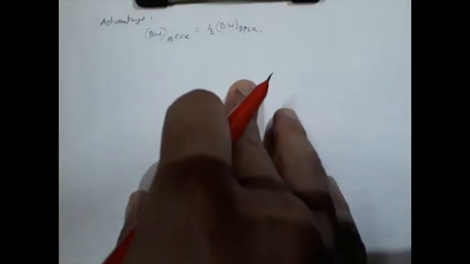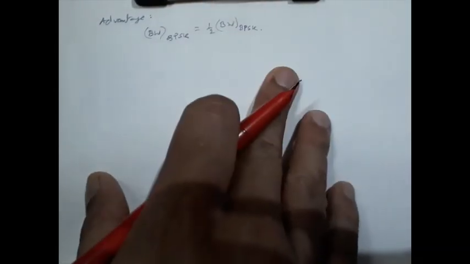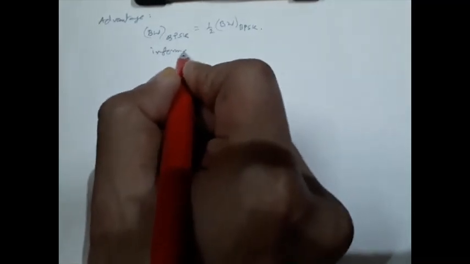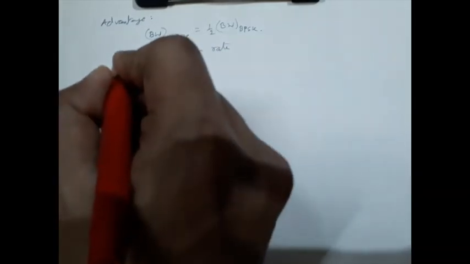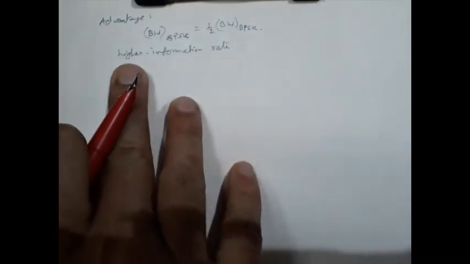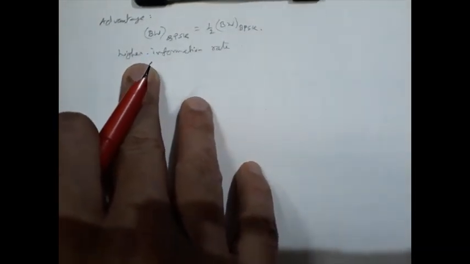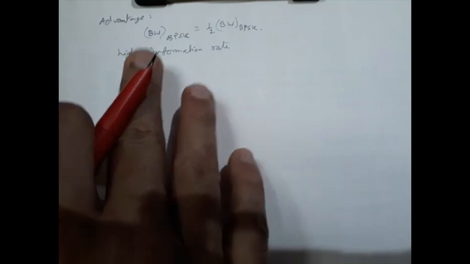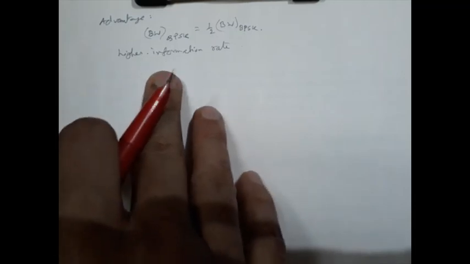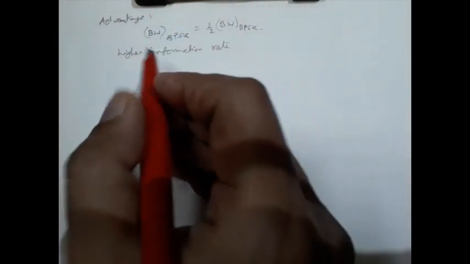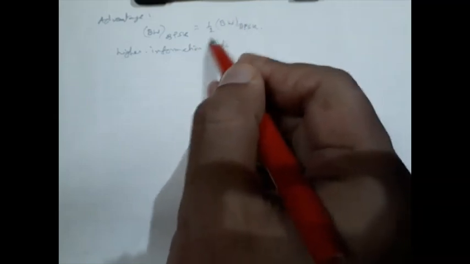And because of this reduced bandwidth, the information rate of QPSK is higher. So that is another advantage. Also, the noise immunity of QPSK is high. Its performance is almost equivalent to binary PSK. So from a noise point of view, the performance is identical to that of the PSK. So instead of using PSK, if we use QPSK, we will have extra advantages of this type.